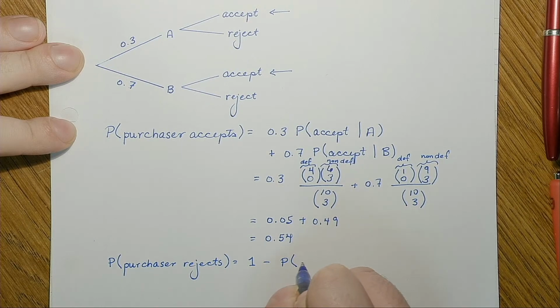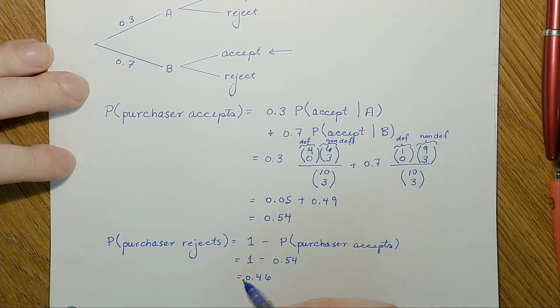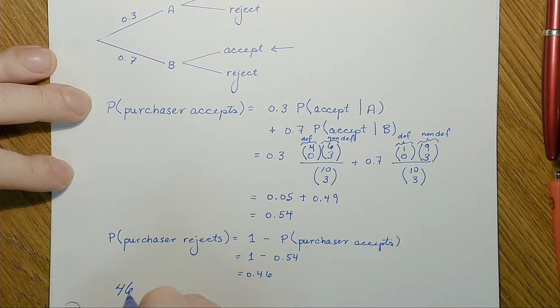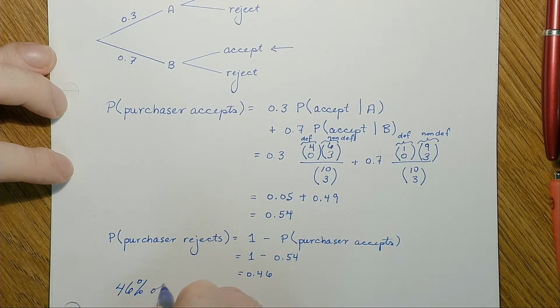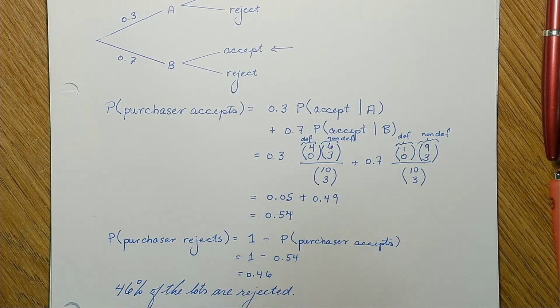Taking the complement of it, again, that would be 46% of the lots are rejected.